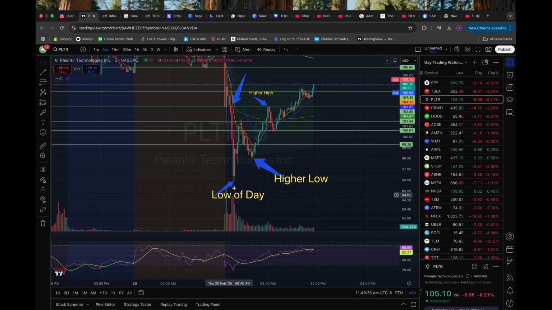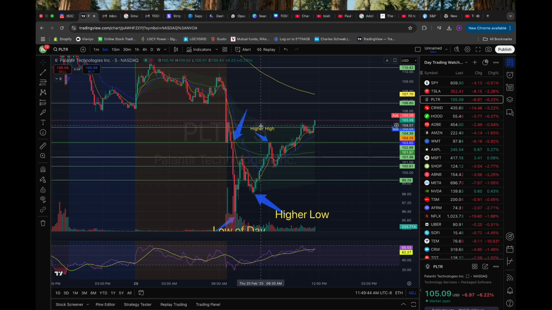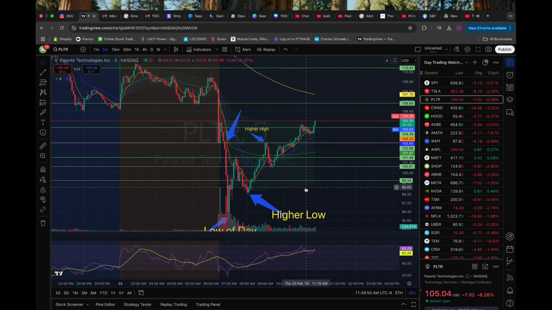And then it goes up and it creates a lower high of the day, right? Because this is the high of the day, but this isn't. The market opened right here, so we could say this is the high of the day.